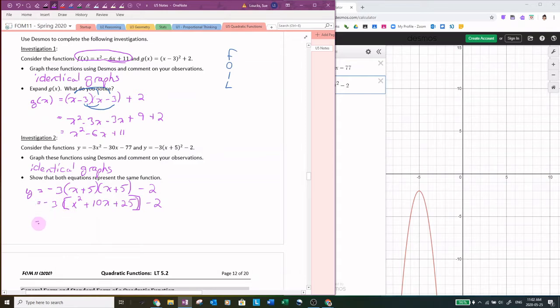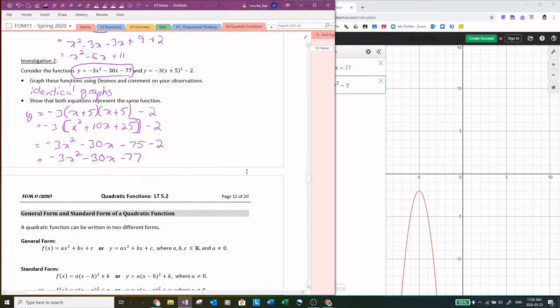And then I need to multiply everything that's in these brackets by negative 3. So this is negative 3x squared minus 30x minus 75 minus 2, which is negative 3x squared minus 30x minus 77, which does equal that one. Okay, so again, they are the same function.